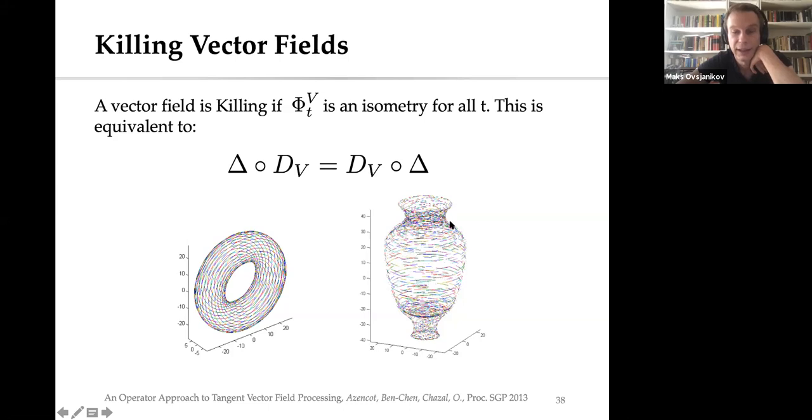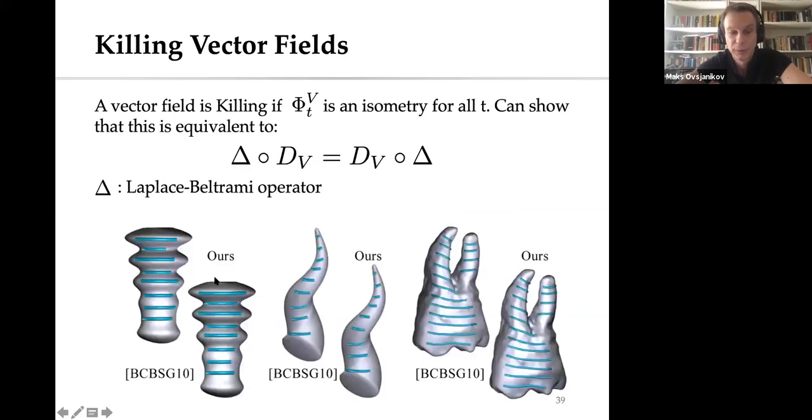Now, it's not straightforward to compute such vector fields that preserve geodesic distances. But in this operator representation, you can show that this is equivalent to just asking that this D_v operator commutes with the Laplacian. This makes it extremely easy to compute approximately Killing vector fields. We propose a method that at its heart just takes a least squares system, and it produces very realistic approximately Killing vector fields.